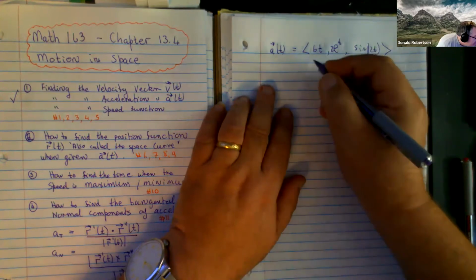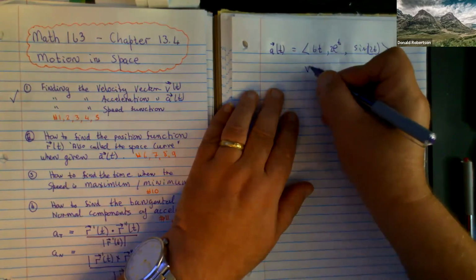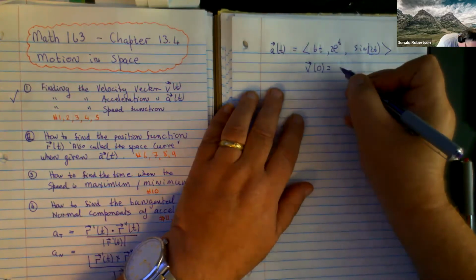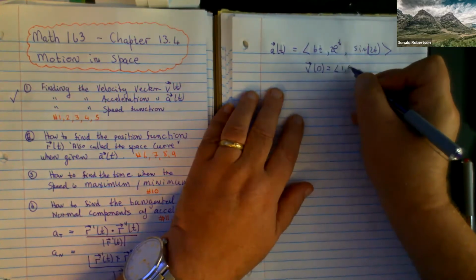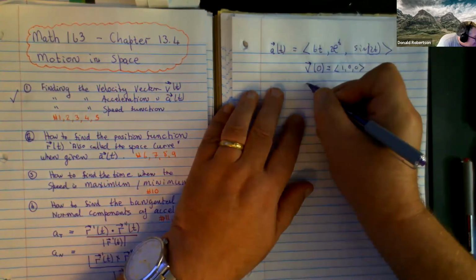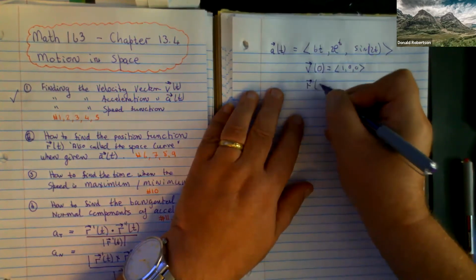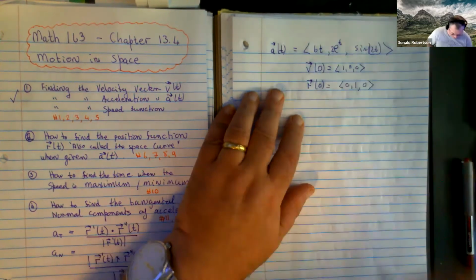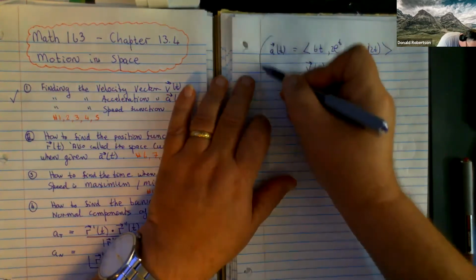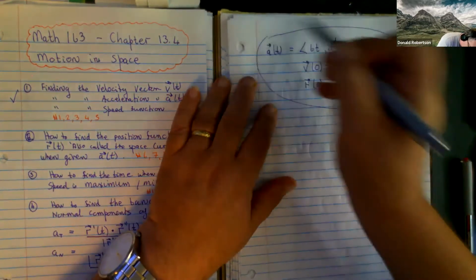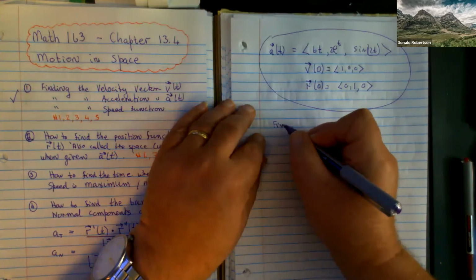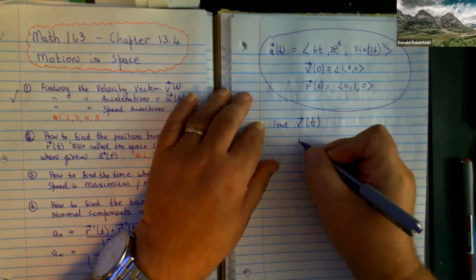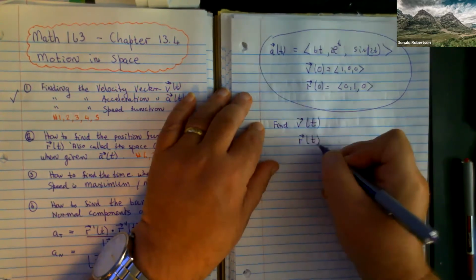And I also tell you what are sometimes called boundary conditions. I tell you that the velocity at time 0 is 1, 0, 0, and that the position at time 0 is 0, 1, 0. And from this information, we're being asked to find what the velocity vector would be and what your space curve would be.